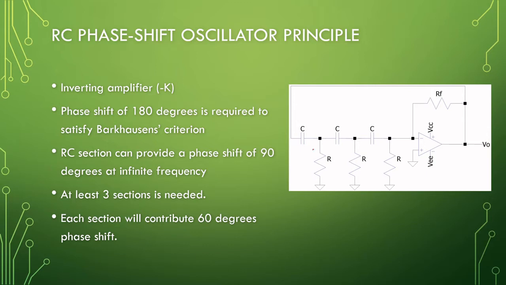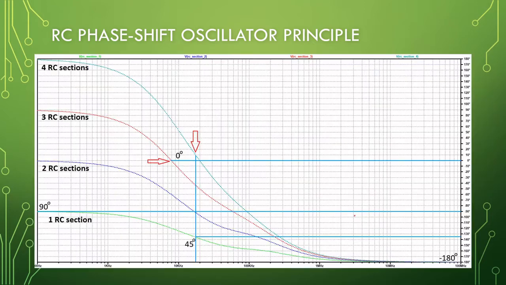Okay, so we need at least 3 sections to make this possible. Theoretically, you only need 2 to make a phase shift of 180 degrees as required by Barkhausen's criteria. But since we're not going to put this at infinite frequency, we need at least 3 sections, and each section will contribute about 60 degrees of phase shift.